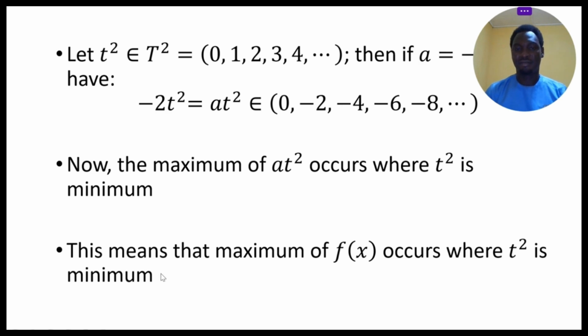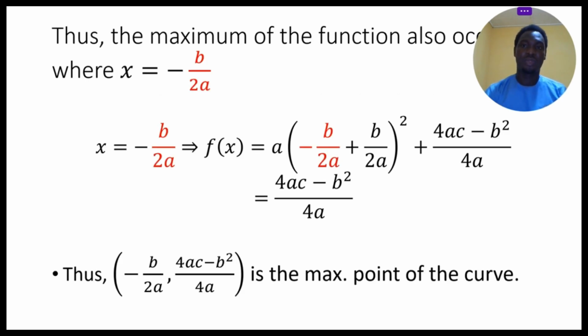Now that we have shown how at squared has a maximum, it's easy to see that at squared plus a constant also has a maximum, occurring where t squared is minimum. We know already that t squared is minimum where x equals -b on 2a.